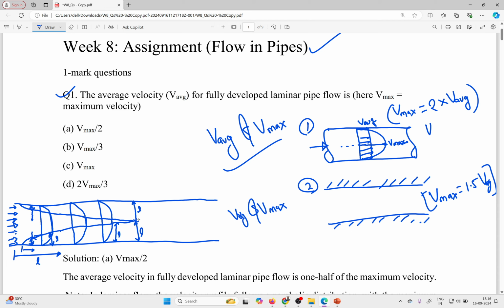But after this your velocity will be completely parabolic. After this your velocity diagram will not change. If any obstruction comes in the flow path, anyone want to tell something?